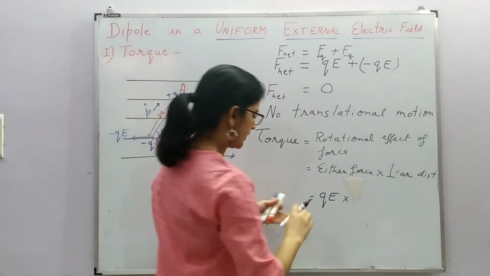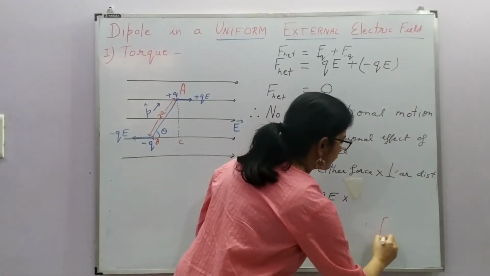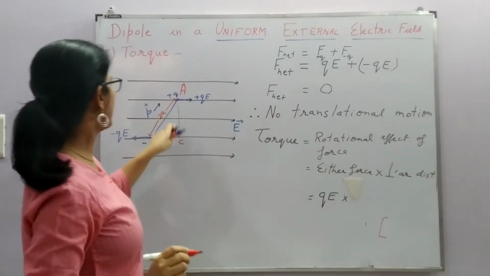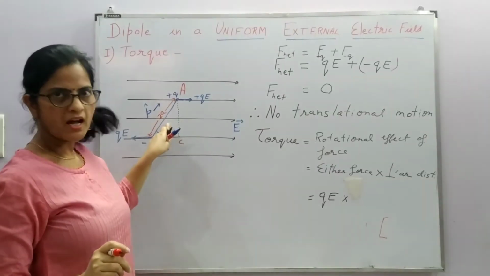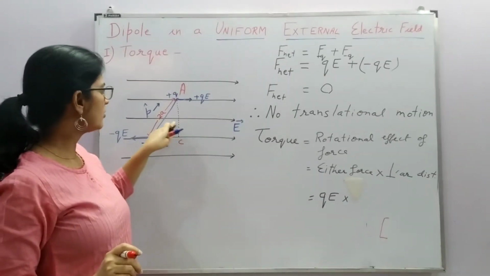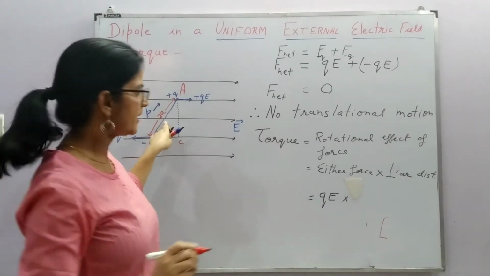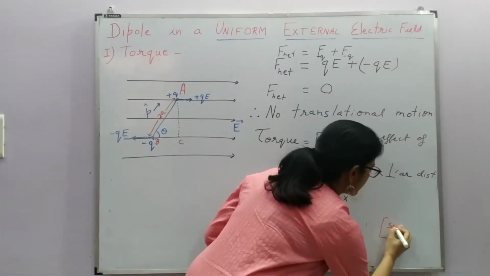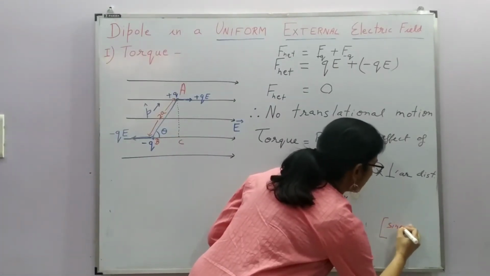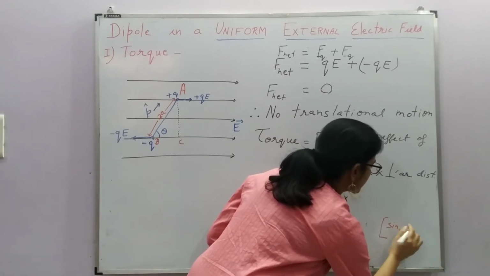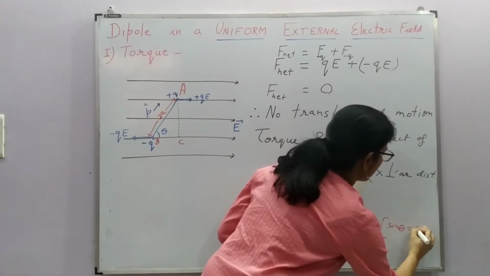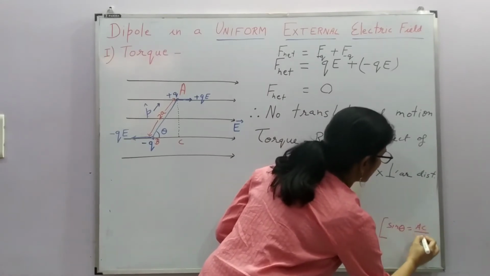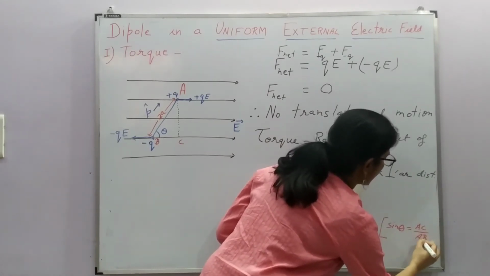So by trigonometry, what is the relation between AC and AB? This is the perpendicular, this is the hypotenuse. And perpendicular upon hypotenuse is sine theta. So this is sine theta, equal to perpendicular AC upon hypotenuse AB.